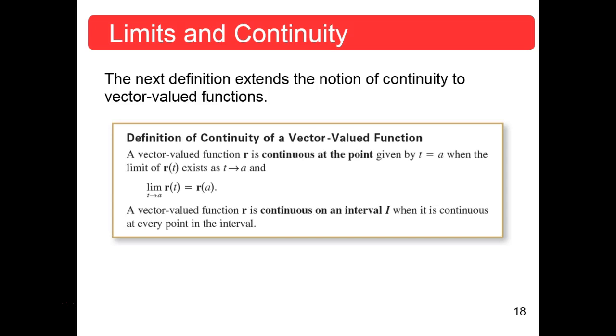The limit can exist even if the function isn't defined there, if that's just what it's heading toward, or even if the function at that point happens to be up here somewhere, but the limit is still going to that point there. This says for it to be continuous, r of a must be that limit, the end point.